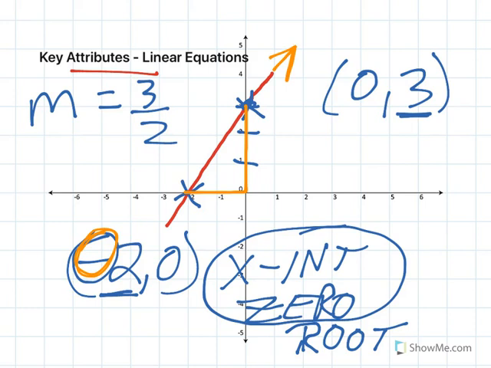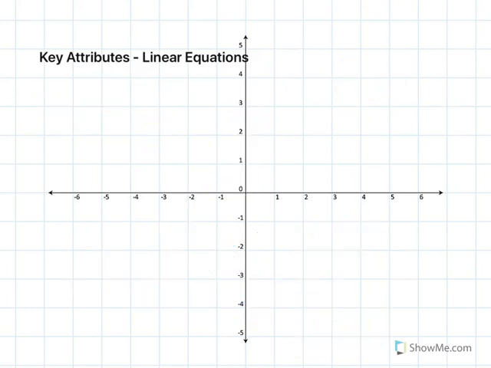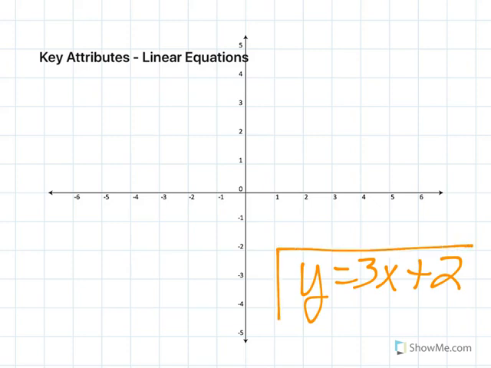Okay, so the key attributes to learn are x-intercept, y-intercept, and the slope. Now, what if you're given a line or given the equation of a line? Let's just go y is equal to 3x plus 2. What's the y-intercept? Well, you know, because this is in slope-intercept form, there's the y-intercept right there, plus 2.